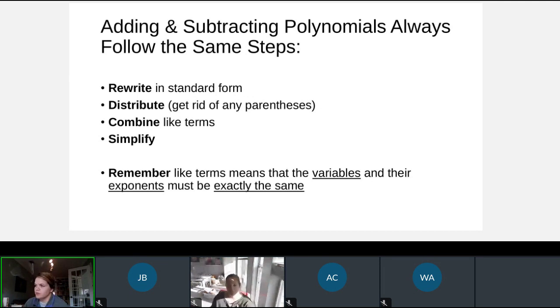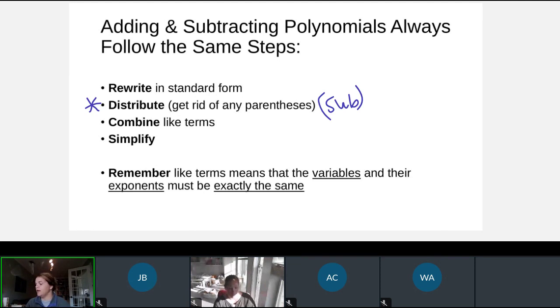Again, it's not wrong if you don't do this. However, sometimes our organization gets a little goofy and we might have 2 like terms that aren't next to each other. So we don't simplify them and don't get the correct answer, or we might forget a term. I like goofy too, but I don't like when my answers are goofy. Then you're going to distribute to get rid of any parentheses. This is super important when you're doing subtraction, especially.